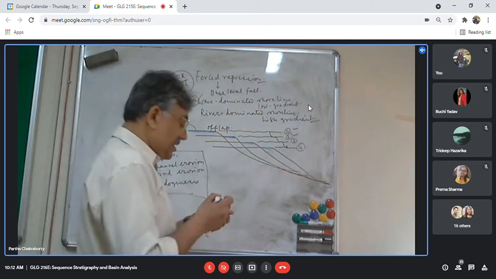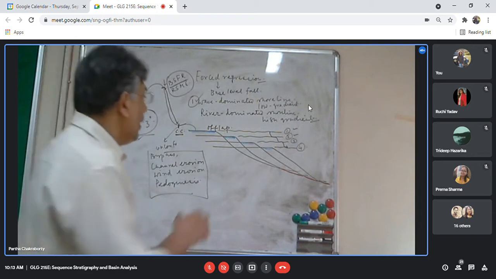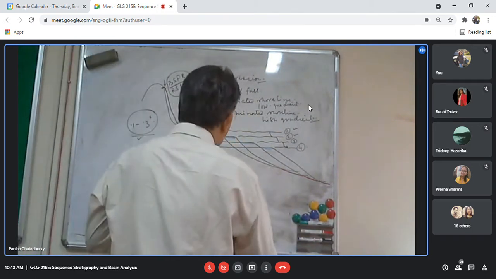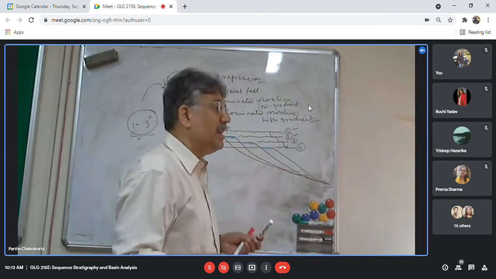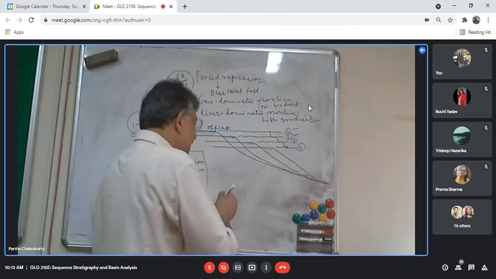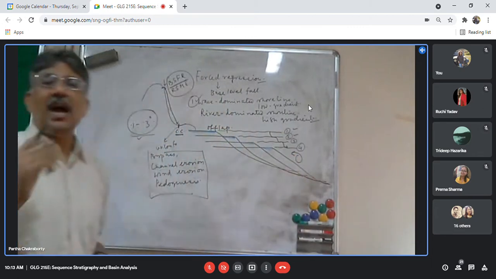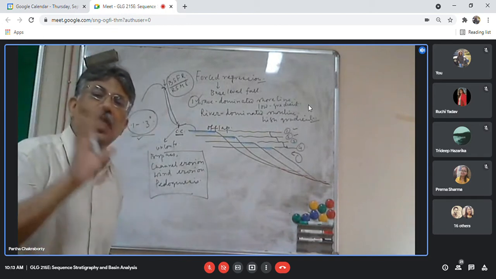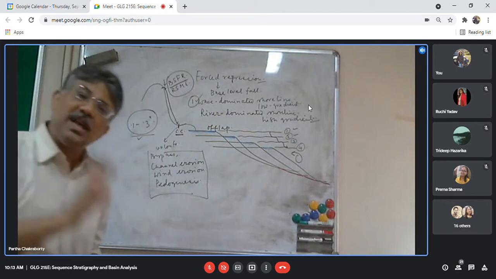Now this is number 1. What is also happening here? Every time the sea level falls, the prevailing wave regime will try to equilibrate and make the equilibrium wave profile, which I discussed during normal regression as well. It is the same story here.